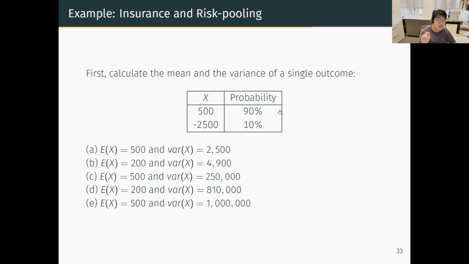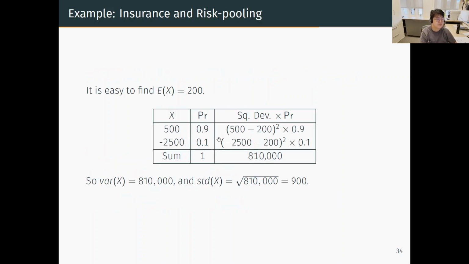Based on the mean, you calculate the deviations, square the deviations, weight them by probability, and sum them. That is the variance. So deviation, square, multiply by probability and sum, right? Just to remind you what we learned in chapter 4.